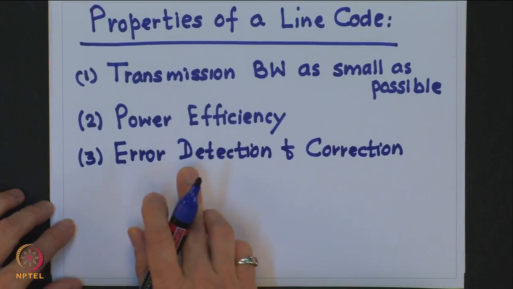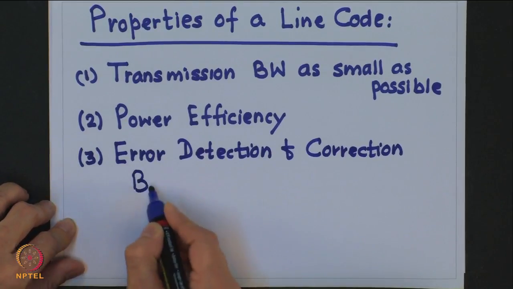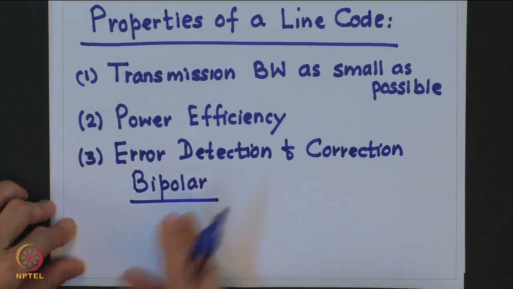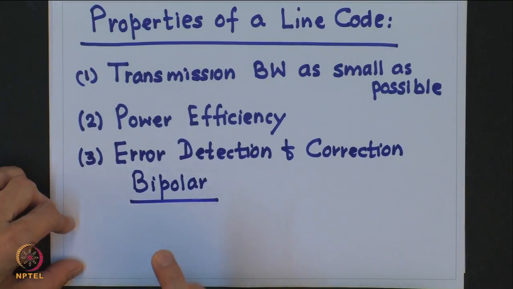Now, we will see that bipolar signaling can detect single errors, because when you look at the digital waveform, the polarity will help you decide whether an error has occurred or not. Correct? So, if only one error occurs, then you can easily find out by looking at the polarity of the transmitted signal whether there has been an error or not. But error detection will not be possible with, say, the unipolar or polar case.